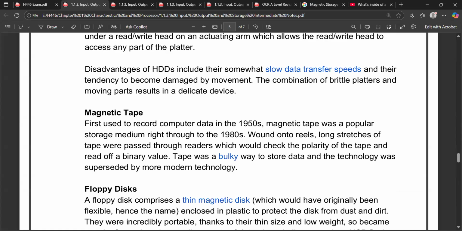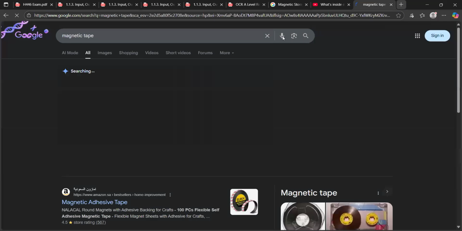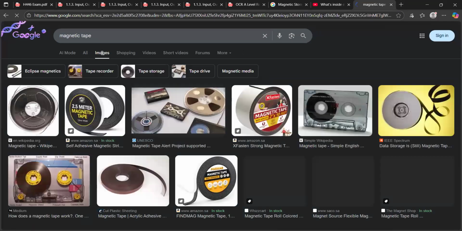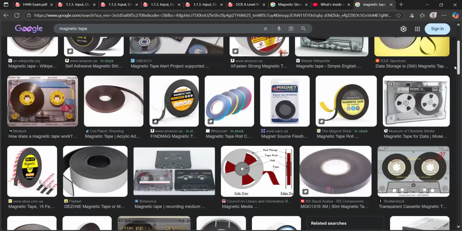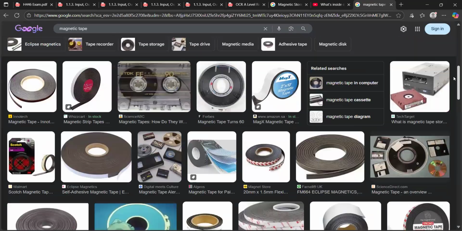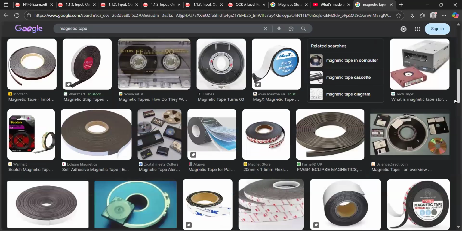Magnetic tape. This is known as the magnetic tape. I'm not sure if you have heard about them or not, but when I was your age, like maybe 200 years ago, we used to have... 200 years ago?